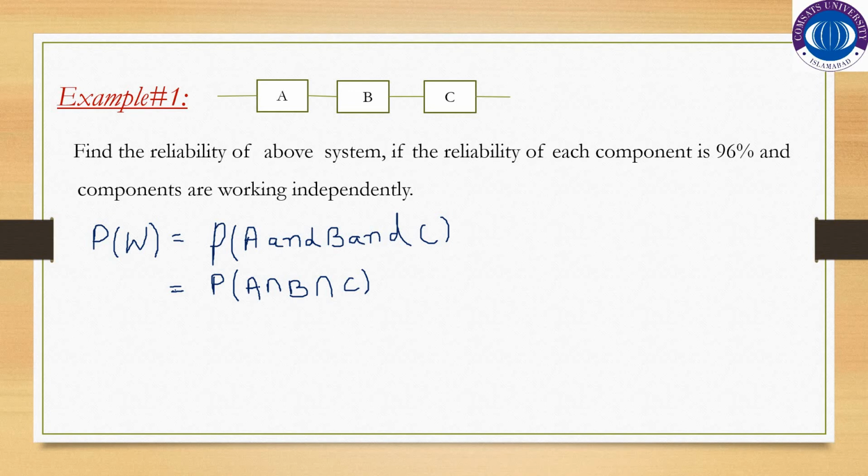Multiplication law apply करते हुए हम क्या देखते हैं? Whether the events are dependent or independent. Here it is very clearly defined that components are independent.